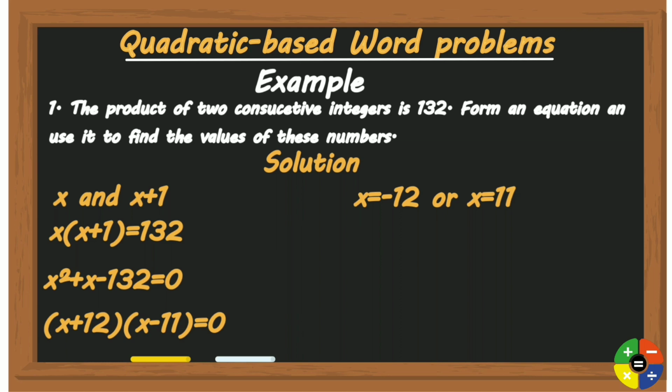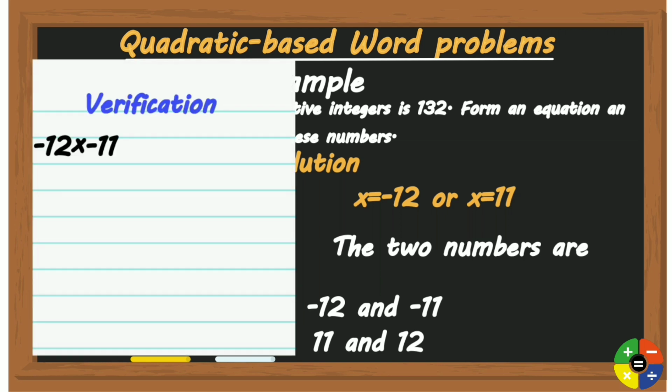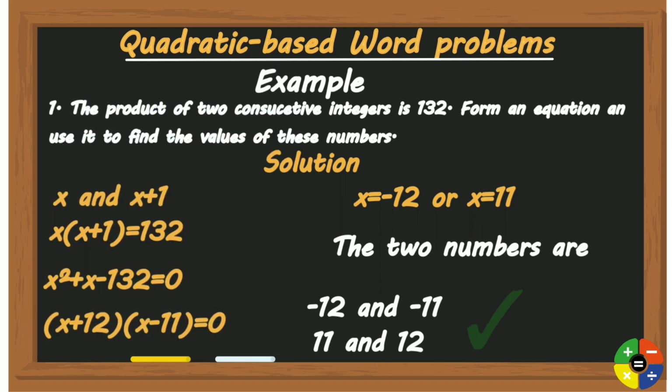Using the conditions in the question, the numbers will be obtained by adding 1 to these values of x. Hence, the numbers are negative 12 and negative 11, and 11 and 12. Notice that negative 12 times negative 11 gives the same result as 12 times 11, which is 132. Hence, these values satisfy the given condition.